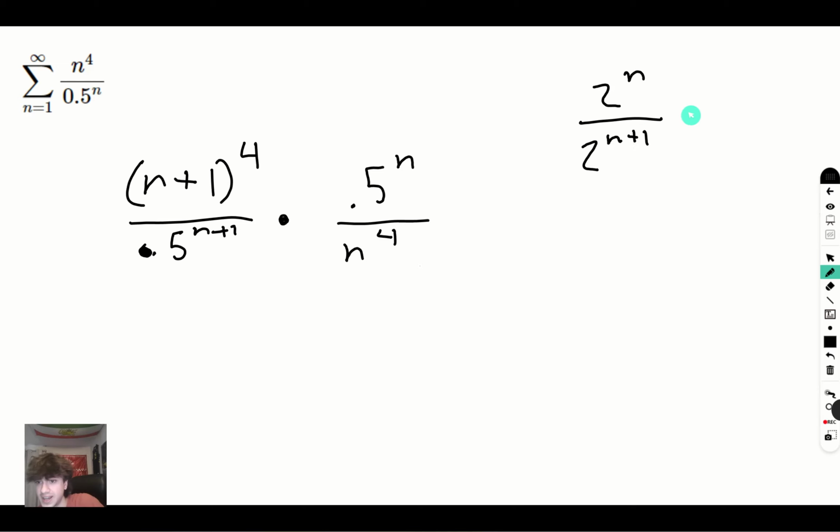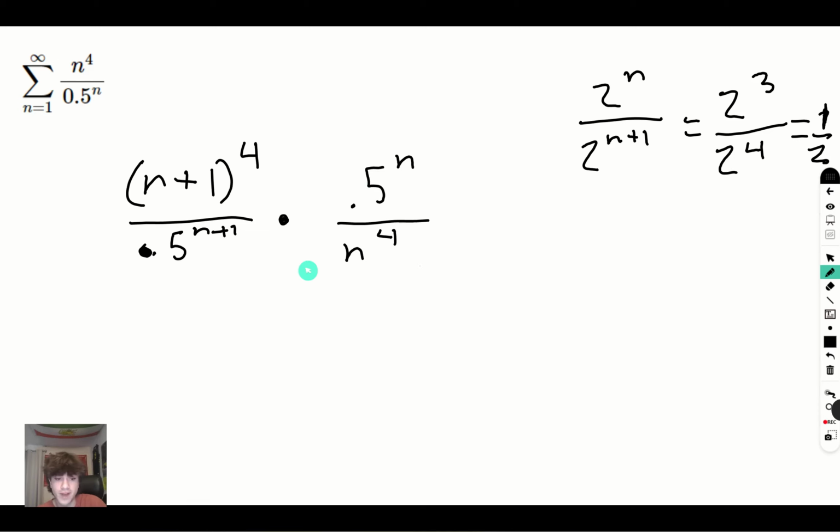Let's say n, for example, is 3. We're going to get 2 to the third over 2 to the fourth, and it's always just going to come out to 1 over 2. So in this case, instead of being 1 over 2, it's going to be 1 over 0.5. That's what we're going to get out of here.